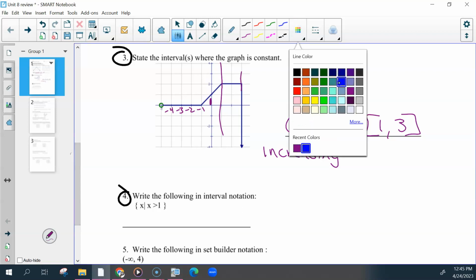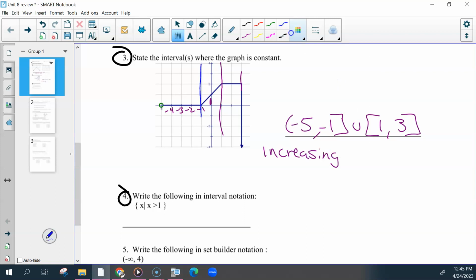It starts at -1. So this entire section is increasing. There isn't anywhere it's decreasing. This last piece, your y values are changing, but your x values are not moving, so this would not be decreasing. Okay. Just remember to always use x values for those.